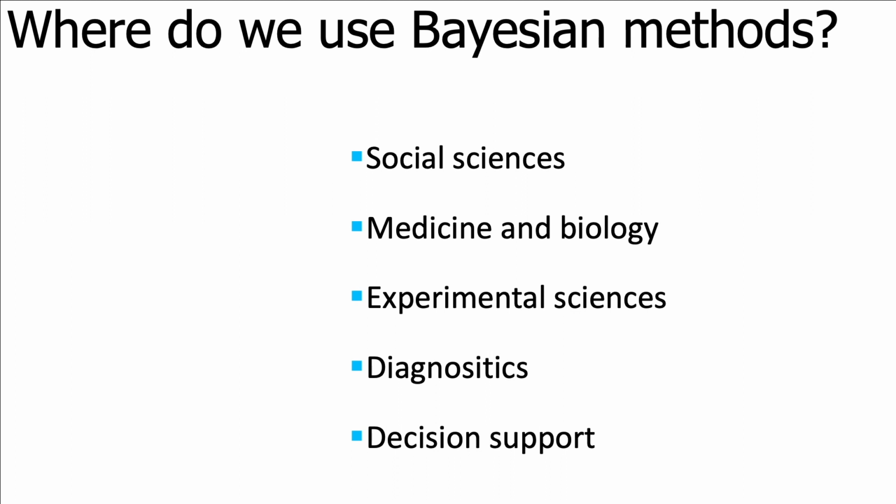Especially in social sciences, medicine and biology, experimental sciences, diagnostics, decision support, all the situations when we are interested in uncertainty and we want to predict things that potentially haven't happened yet. So we want to know about stuff that is atypical, rare.